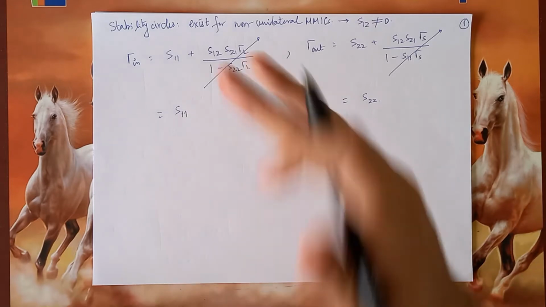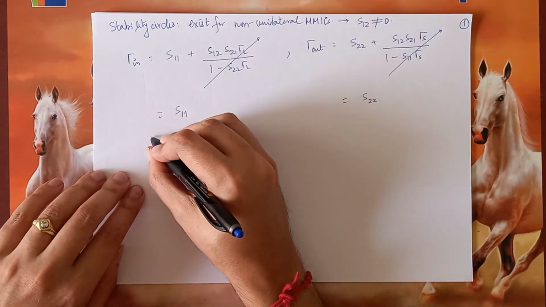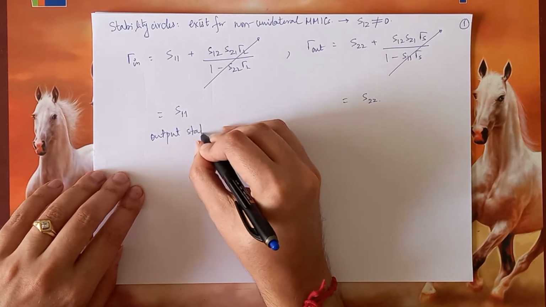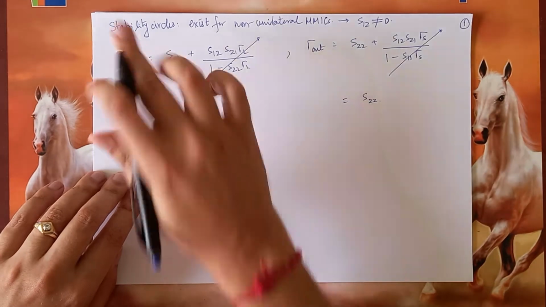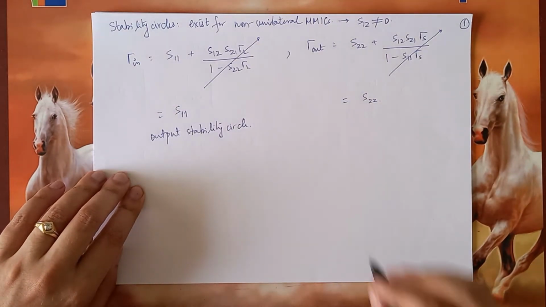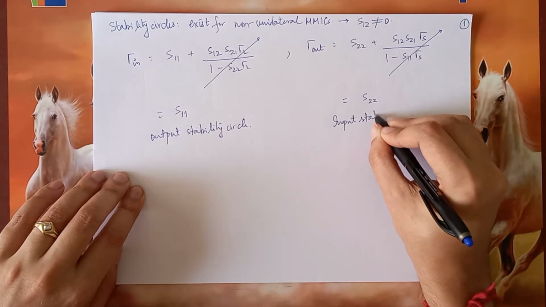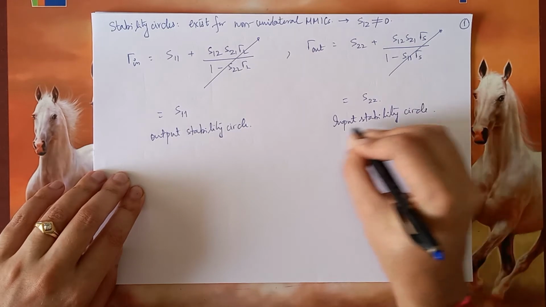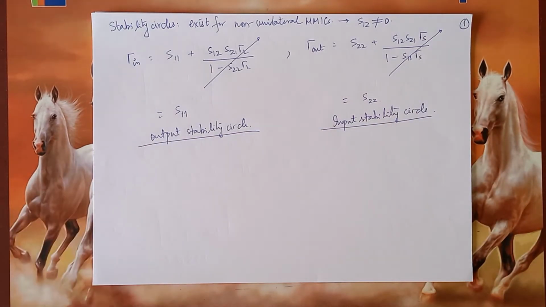You can verify this in another way also. Suppose we construct the output stability circle and the input stability circle, because gamma in indicates output stability and gamma out indicates input stability. Now the question is, what would be the radius of these two circles?